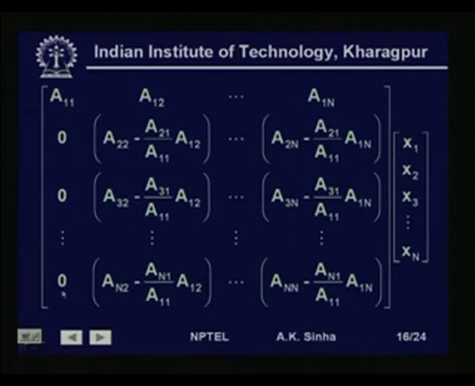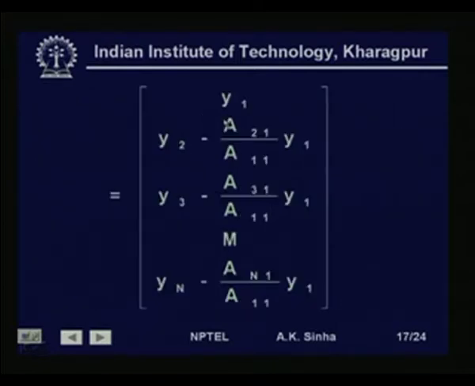We can do it up to the nth row, and then we will get zeros in the first column below A11.